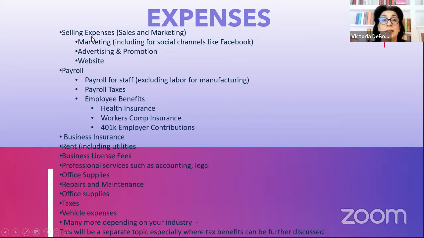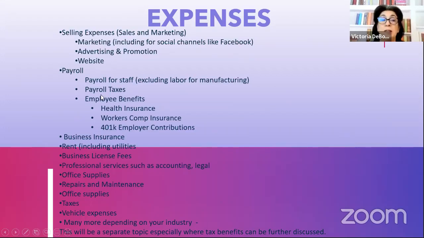So when I say selling expenses, it's going to be marketing, advertising, promotion, the website maintenance, SEO, all those things that are necessary to get the word out there that you have this product for sale. It could be trade shows, it could be printed materials, business cards, any of those types of things that you would consider selling expenses.